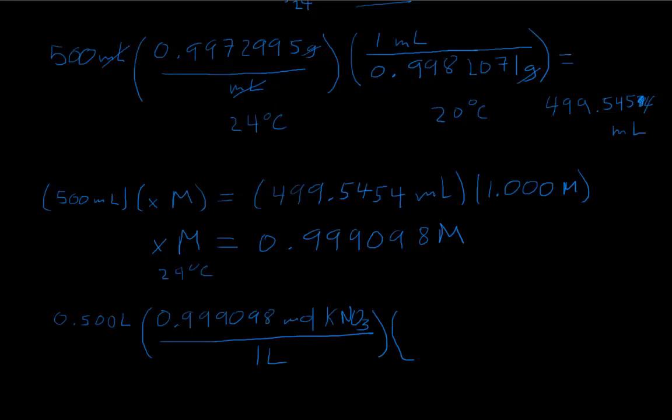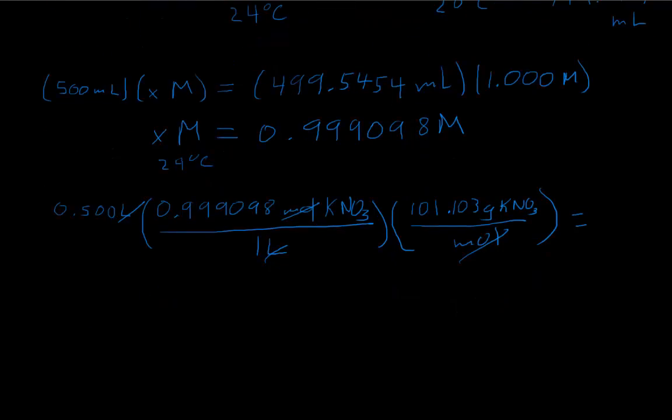And then I'm going to use the molar mass of potassium nitrate, 101.103 grams per mole, to perform the next step where I convert into grams. And so when I'm all done, this tells me that I'm going to need to weigh out 50.506 grams of potassium nitrate. So that's the actual mass.